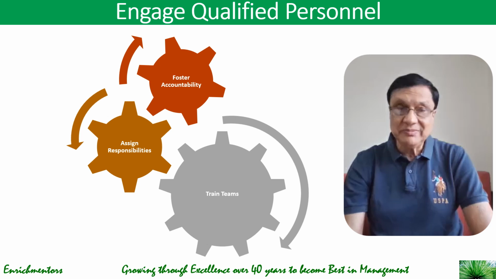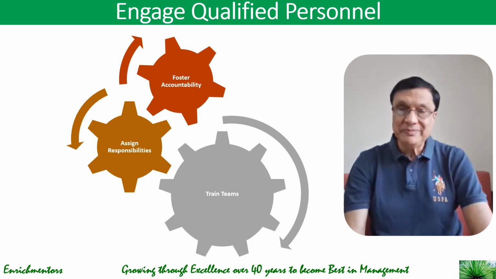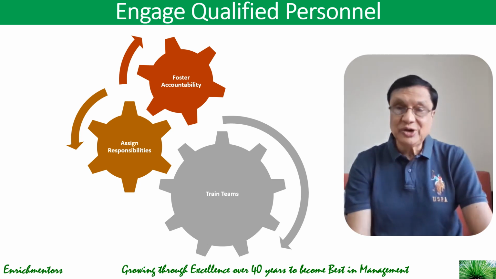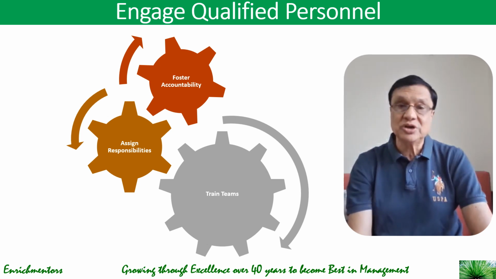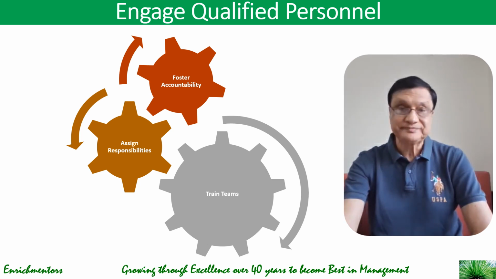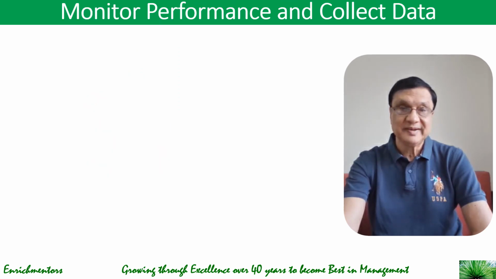And foster accountability by ensuring all team members understand their role in achieving quality. So quality is not just the quality manager's or team's job, it is everyone's job. You need to clearly communicate and make them understand their role in achieving quality.